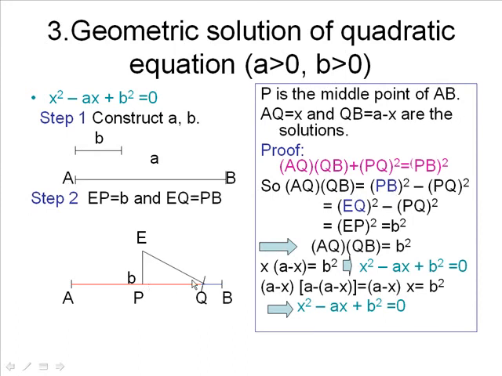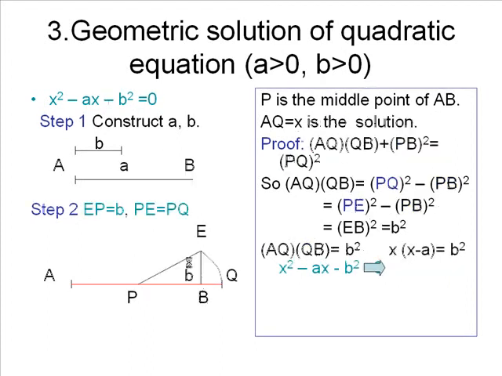And instead of using this E as the center, we're going to use the midpoint P as the center, and PE as the radius to draw an arc intersecting PB at Q. So we must have PE equals PQ, because they are both radii of this circle.